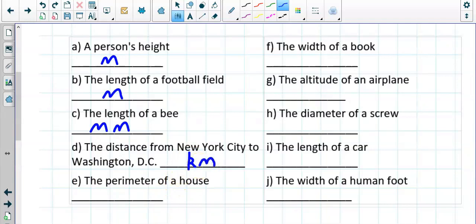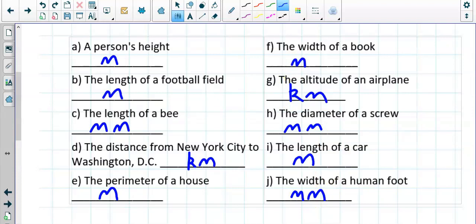The perimeter of a house, again, it's not like a mile, so I'd talk meters. It's a lot kind of like a football field. The width of a human foot, I do it in millimeters because it's not that big. The length of a car, I talk about it in meters. The diameter of a screw, millimeters. The altitude of an airplane, kilometers. The width of a book, meters.